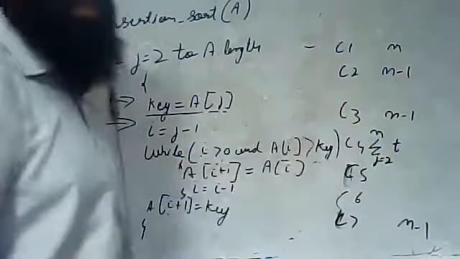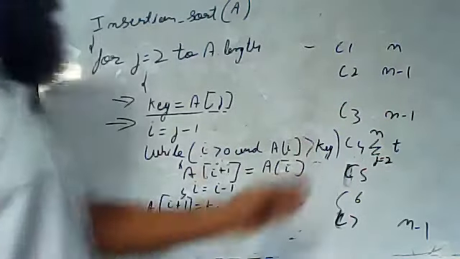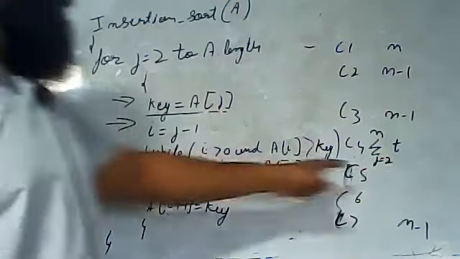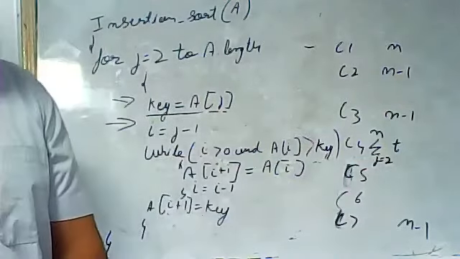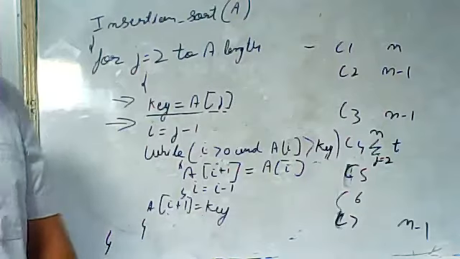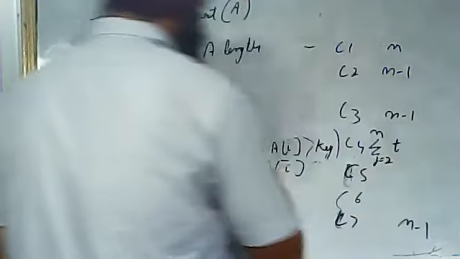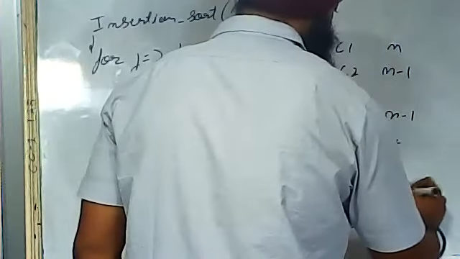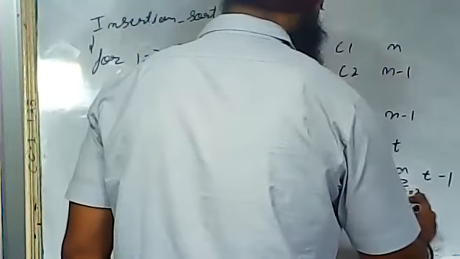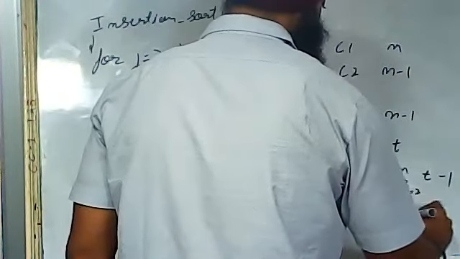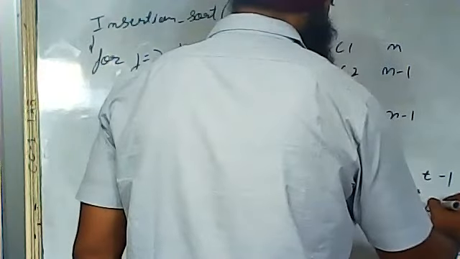If the number of elements is n and it starts from 2, it will execute this many times. And if this loop runs this many times, the inner part of this loop, these two points, will get executed the same number of times minus 1.